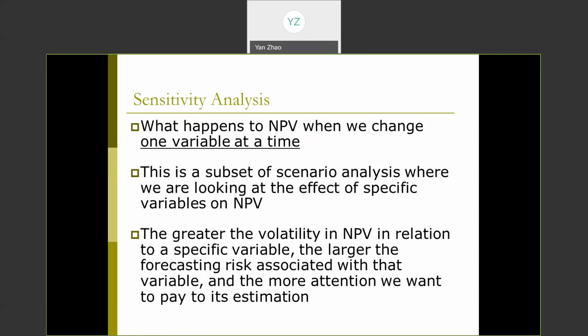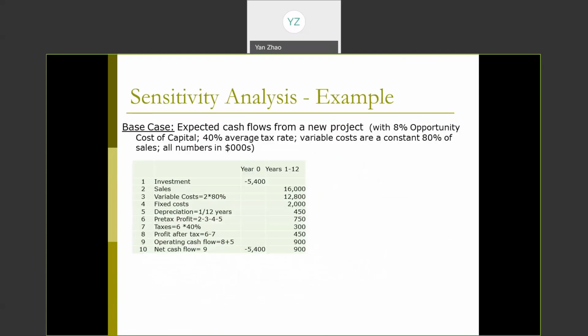The greater the volatility in net present value in relation to a specific variable, the larger the forecasting risk associated with that variable, and we need to pay more attention to that variable's estimation. Okay. So this is the example we're going to use multiple times in this chapter. This is our baseline model, the base case, expected cash flows.